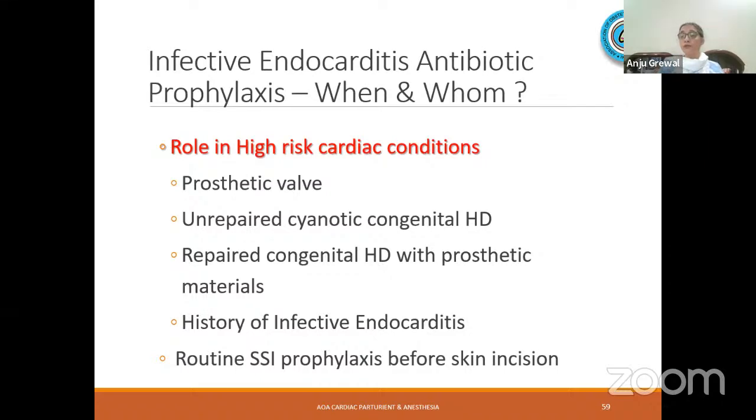You can use the modified Duke's criteria to know whether this patient has infective endocarditis. These are the places where you would give IE prophylaxis to these mothers. Of course, routine surgical site infection prophylaxis before skin incisions can be employed in cesarean sections.